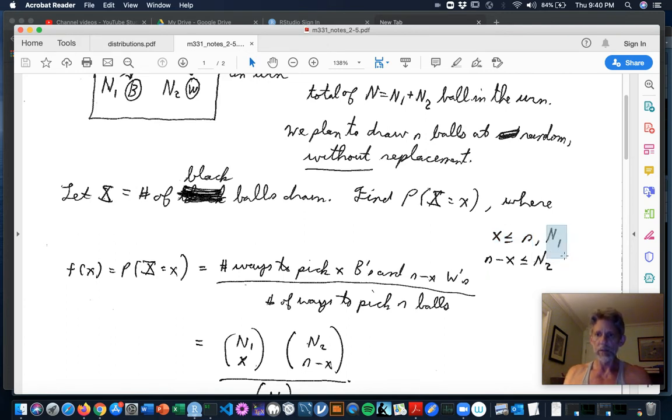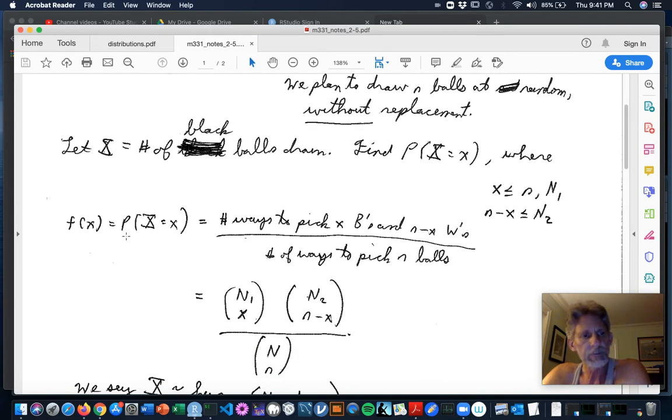You also can't get more black balls than there are in the urn. n minus x is the number of white balls you're going to draw, and you can't get more than n2 of those because there's only n2 in the urn. But within those ranges, there's going to be some non-zero chance of getting x black balls.